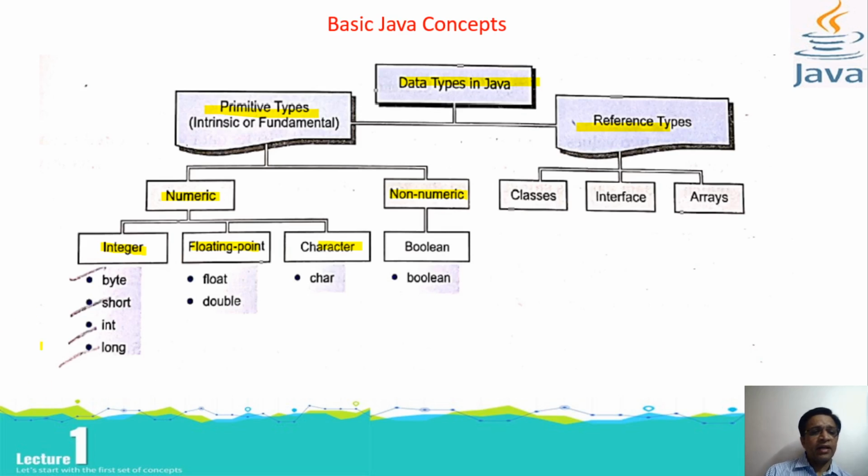Under the category of integer data type, it can be byte, short, int, long. Under the category of floating point, which means a number which has a decimal, that is a fractional part also, there are 2 types: float and double. We'll talk about this later on. The character is represented by char. Boolean is of type boolean.